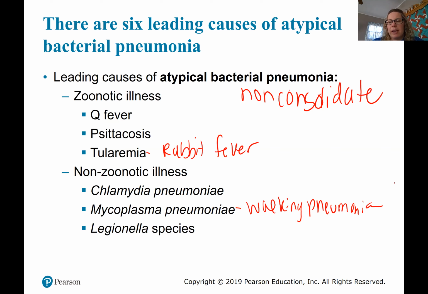That is a less severe form of pneumonia. It's not consolidated. Usually people call it walking pneumonia because it's not very severe. You may not even know you have it. And then Legionella would cause Legionnaire's disease, if you've heard of that before. It's another type of atypical pneumonia.